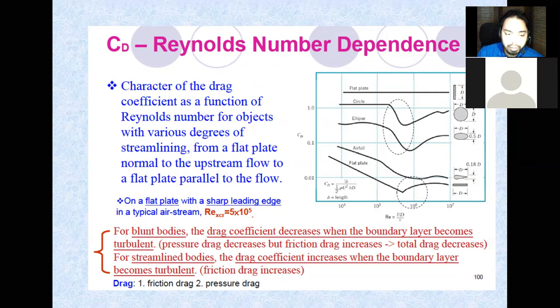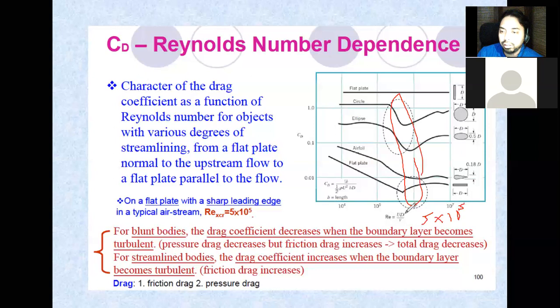For blunt bodies, the drag coefficient decreases when the boundary layer becomes turbulent. The change is from laminar to turbulent flow characteristics. Remember, the laminar to turbulent transition is at 5 times 10 to the power of 5.